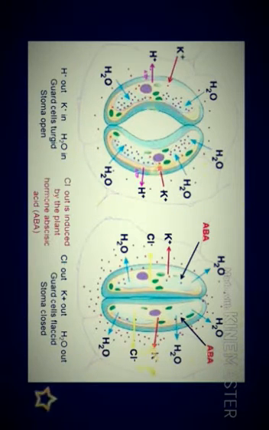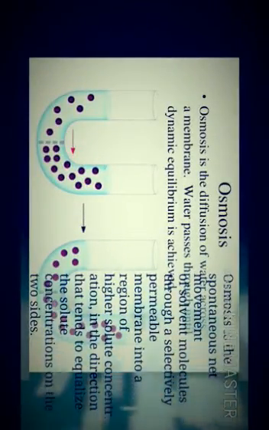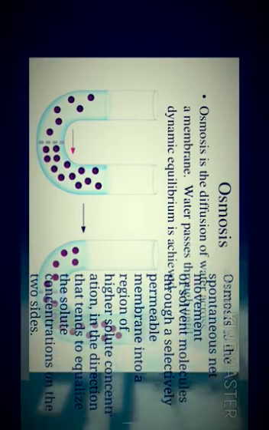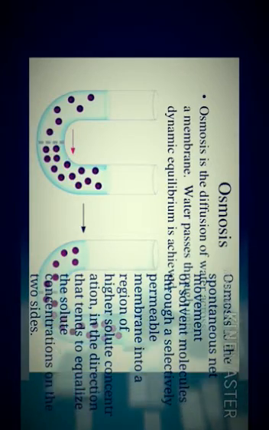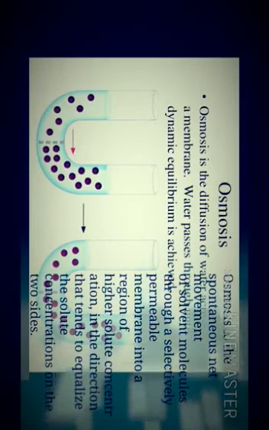Osmosis is a process of the spontaneous net movement of solvent molecules through a selectively permeable membrane into a region of higher solute concentration, in the direction that tends to equalize the solute concentration on the two sides.